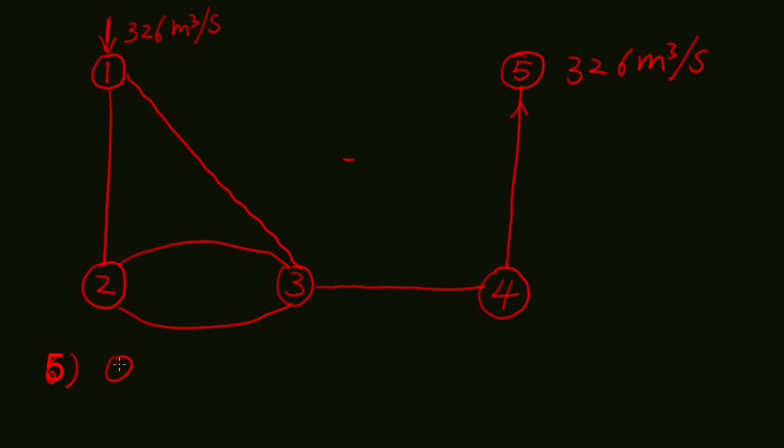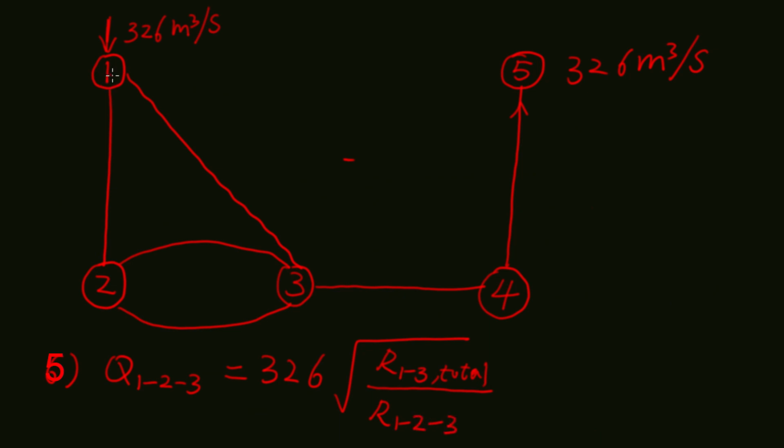Question 5. The quantity that goes to 1, 2, 3 equals the total amount of air that goes to node 1, 326, multiplied by the square root of the total resistance R1, 2, 3 total, that's the resistance of this whole part we calculated in question 4, divided by the resistance 1, 2, 3.